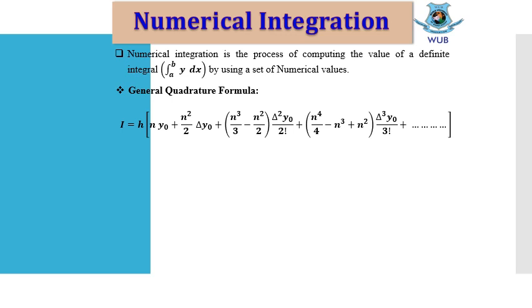Now, what is the purpose of the general quadrature formula? Since f(x) is known at equidistant values of x, we can approximate f(x) by Newton's forward interpolation formula. In the general quadrature formula, we integrate Newton's forward formula over n equal intervals. So I think it's clear.